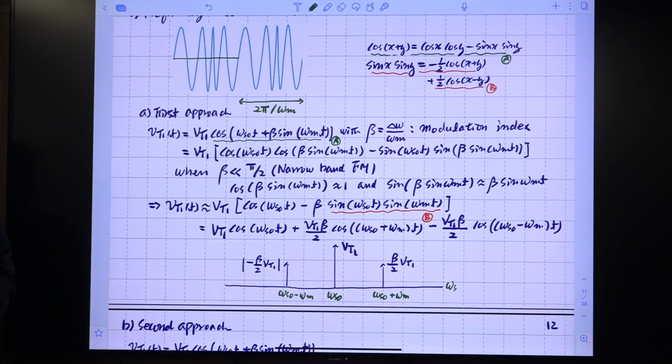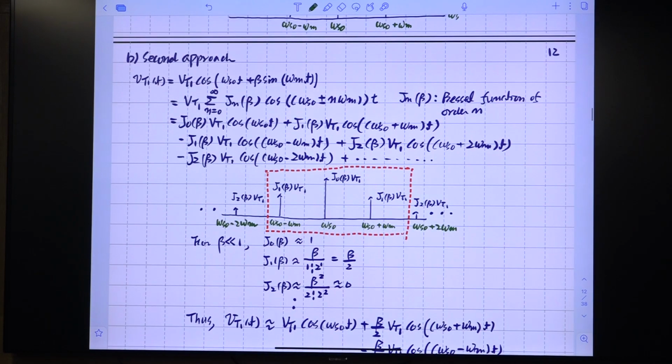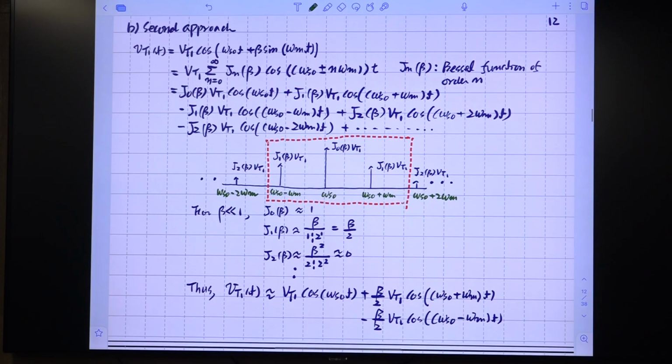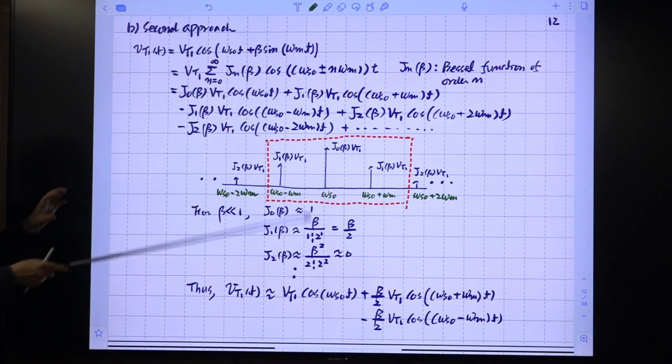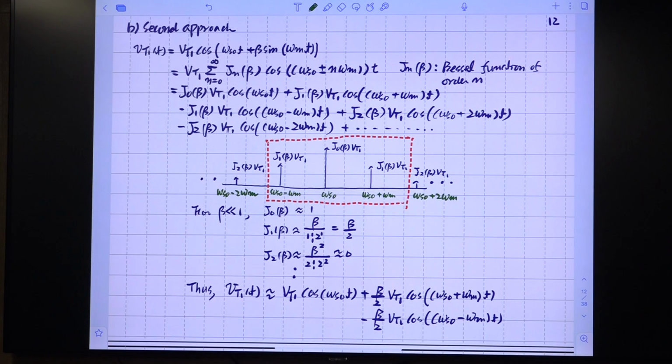Okay? There is another approach. Second approach. So people usually use this. This is some strange function. Okay? So there is omega SO and omega M, and this can be expanded into an infinite series, something similar to a Fourier series, but the coefficient is time dependent, some strange number.